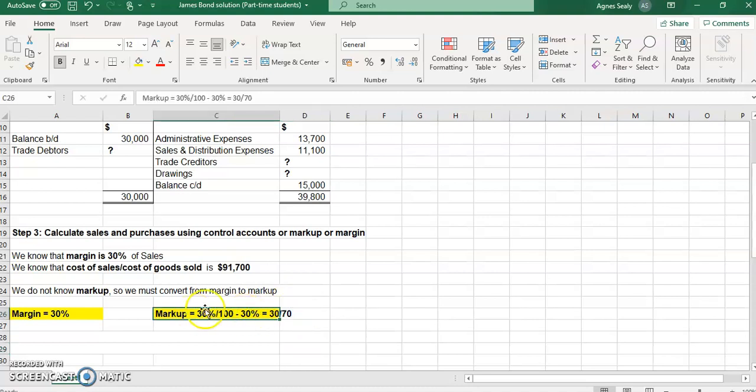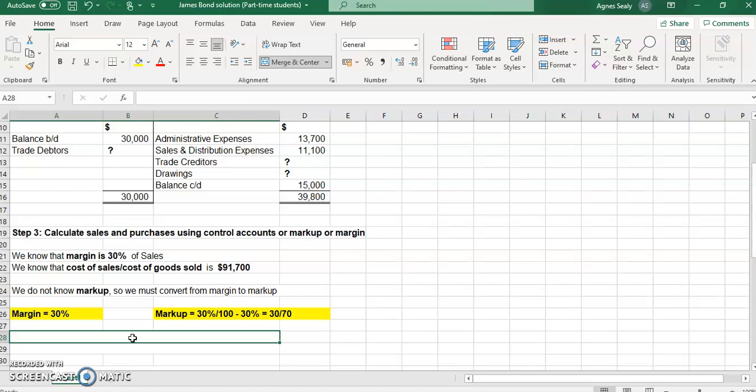So you can use the 30 on 70, or you can use all the decimal places that you calculated for your markup.